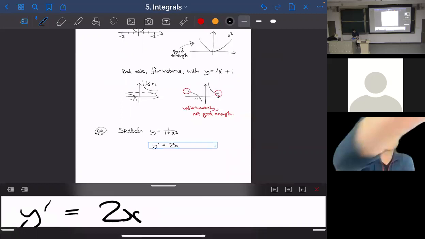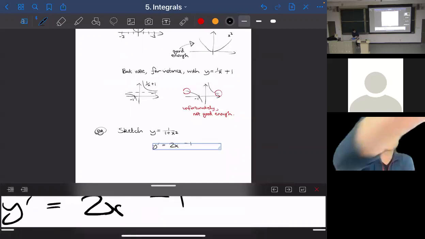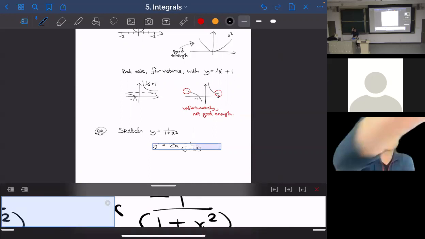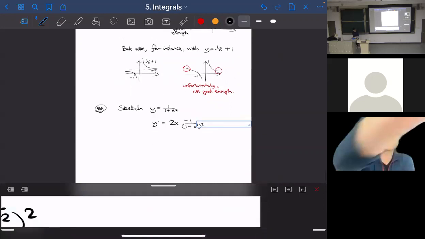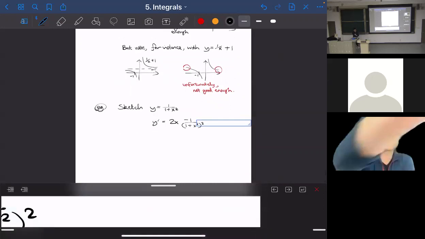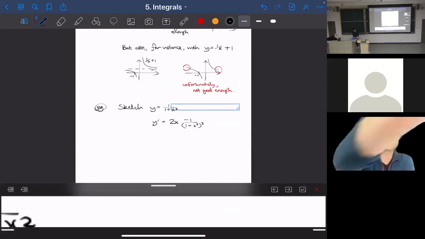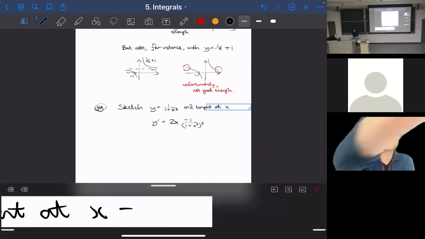Chain rule gives me a 2x from differentiating the 1 plus x squared, and differentiating the 1 over something, I get minus 1 over something squared. Okay, let's sketch. And the tangent was 1.